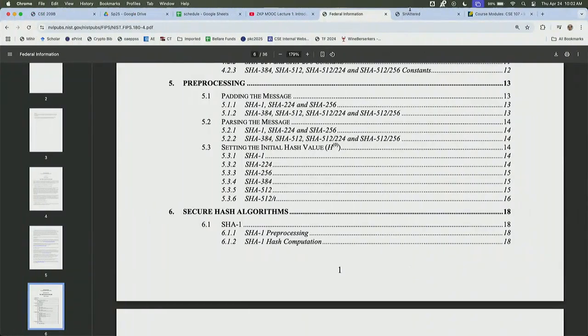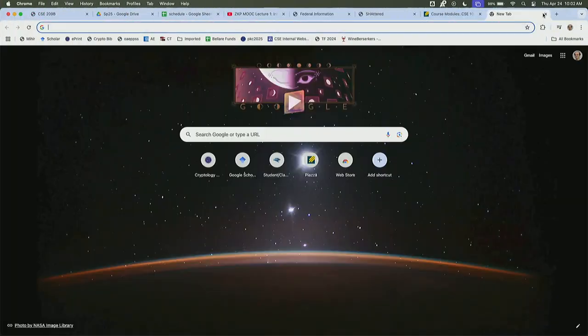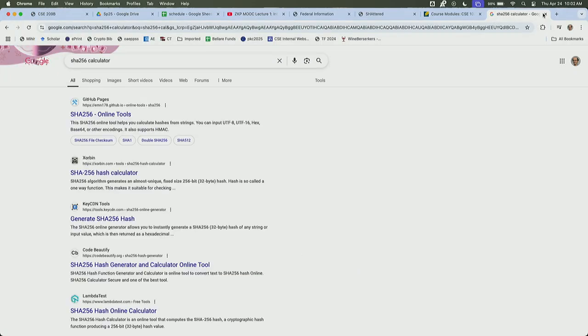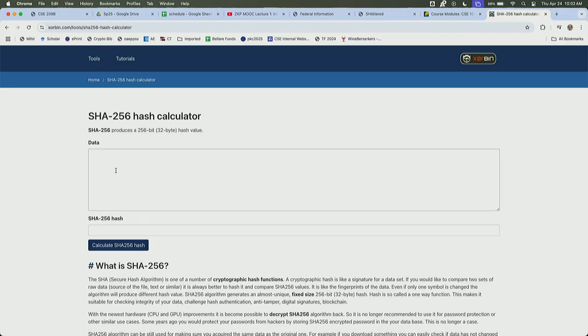We can try to find one of these, but you can do a search for a calculator for SHA256, and you can type in something you want, and calculate it, and it didn't seem to want to give me an output. Very interesting.